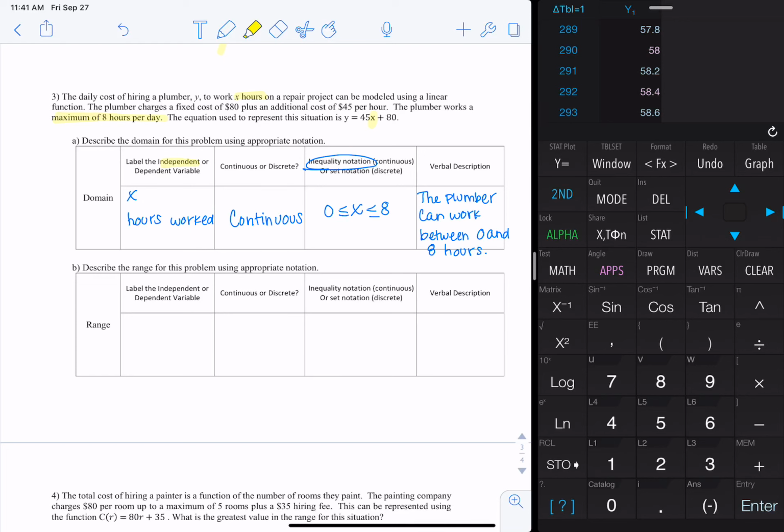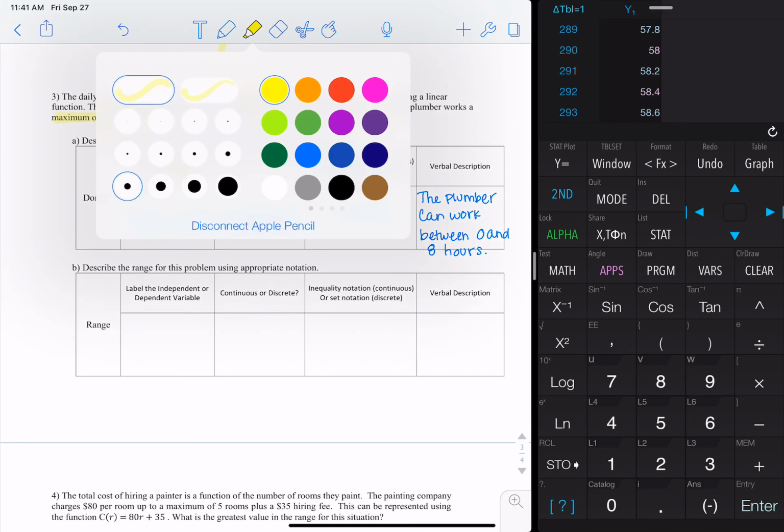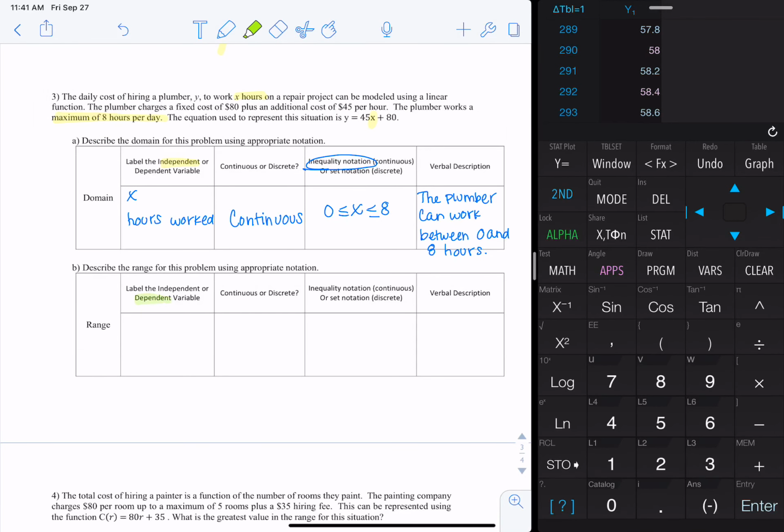Now the range is always the dependent variable, and our dependent variable is labeled y in this problem, and y is the daily cost. So for the range, we are talking about the y, and we're going to find the plumber's daily cost. Or you could say the money he makes or the cost you have to pay, right?